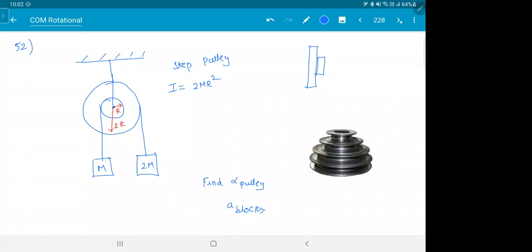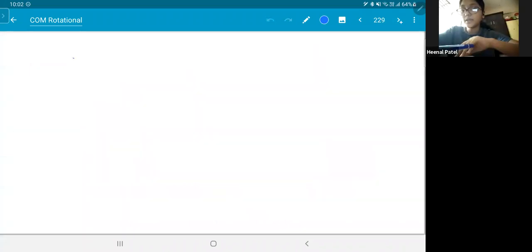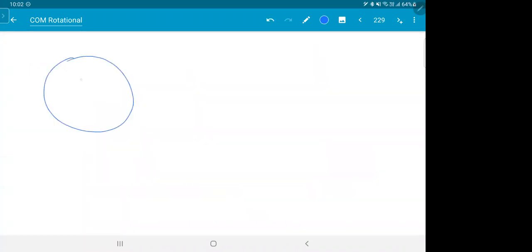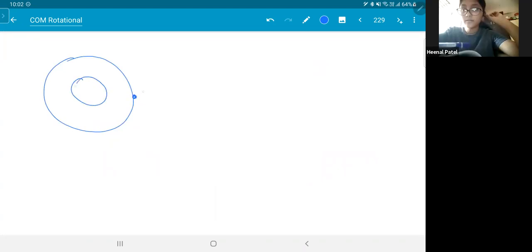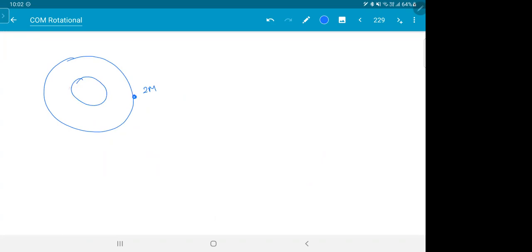Two g by R. Okay. Let's see. Come again. 3g by 11. You get something like that. So this is 2M and this is M, so this is 2mg and this is mg. I think you forgot to subtract. You added the torques.